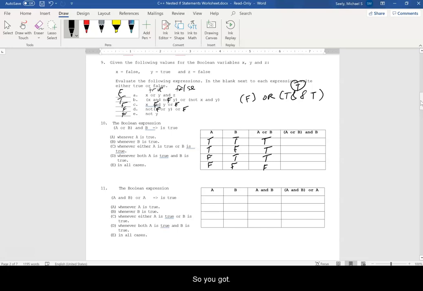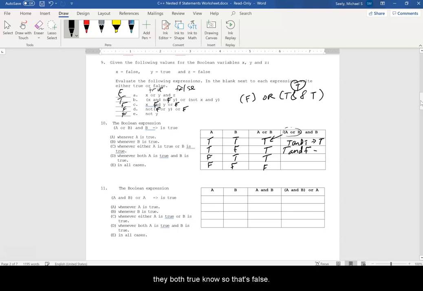So you got true and whatever B is right here. So if this equation is true right here, which it is, so you got true and true, that ends up being true. Okay. Then you got true and false.